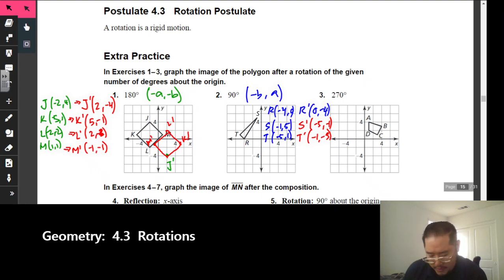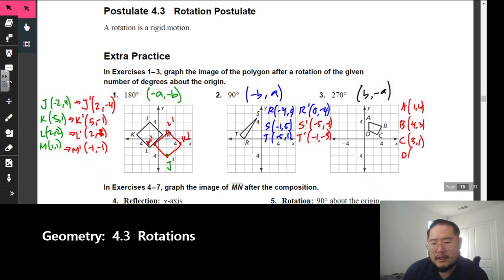And then for number 3, the rule right here happens to be B, negative A. A happens to be at 1, 4, B is at 4, 3, C is 3, 1, and D is at 1, 2. So we have A prime.